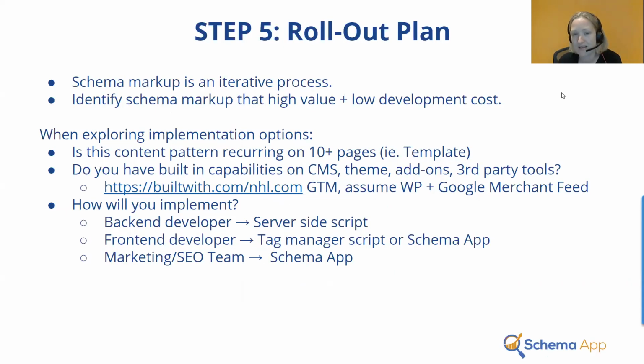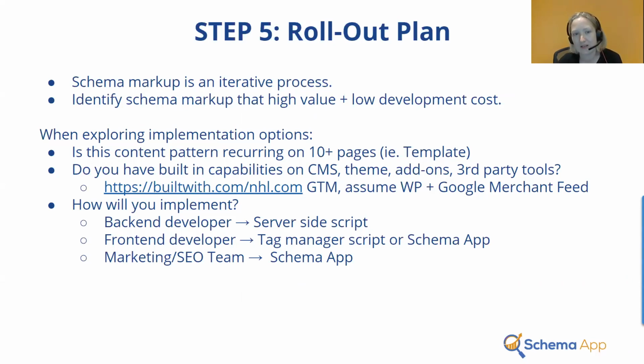Okay. The last one we do, and I won't spend a ton of time on this, is the rollout plan. Whether it be Drupal, looking for modules that are in there, WordPress if you have that, if you're on Shopify there are add-ons, BigCommerce, you name it. We tend to take rollout as a way of asking, what are the quick wins that we can get?